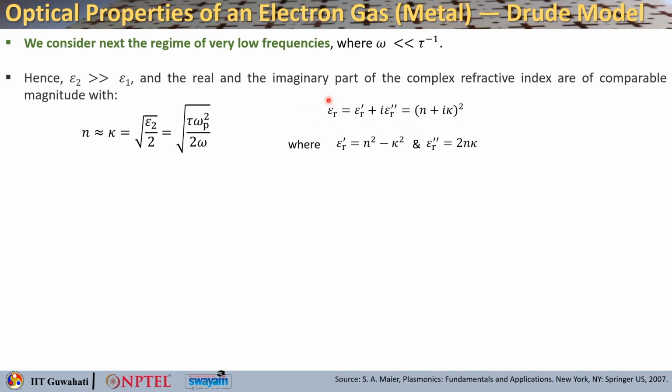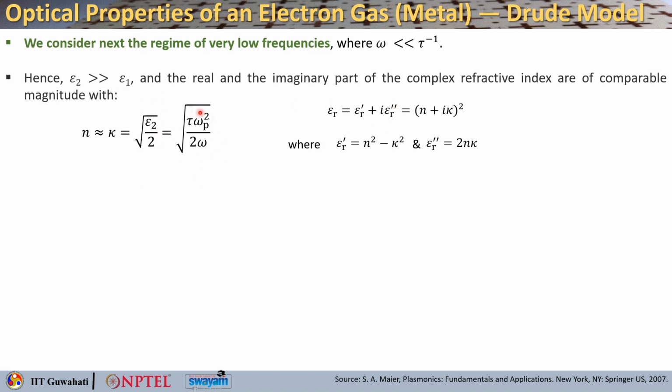So, this is the relative permittivity, and this is basically complex. You can write it as n plus i kappa whole square, where n is the real part of the refractive index and kappa gives you the absorption coefficient. So n and kappa are nothing but square root of epsilon 2 by 2. Epsilon 2 is basically epsilon r double prime, that is the same thing.